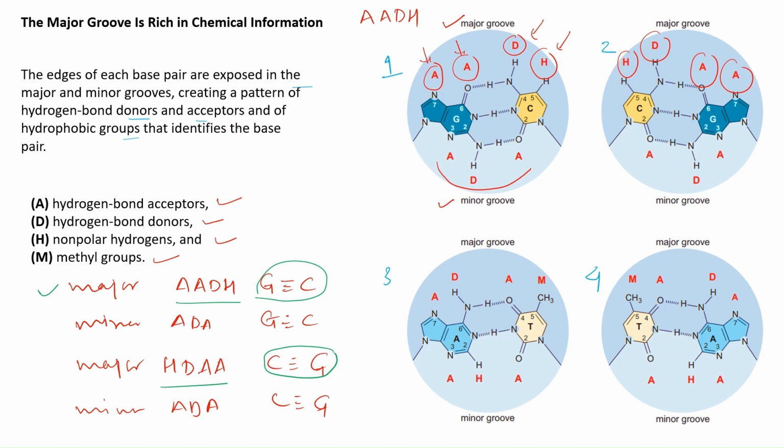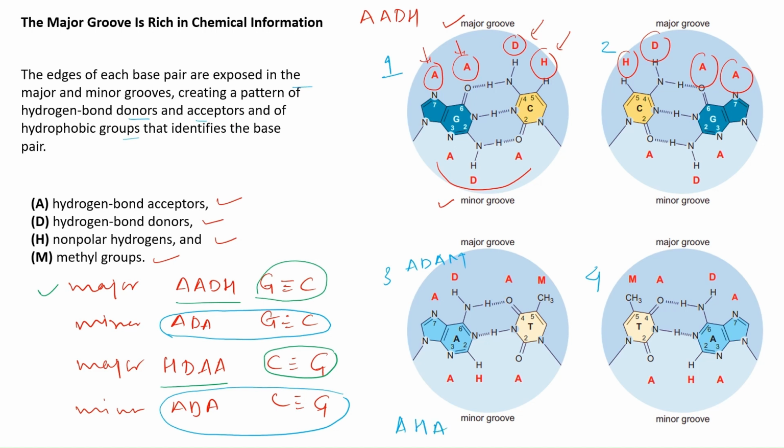But in the minor groove, in both cases, whether G pairs with C or C pairs with G, it is ADA. So in the minor groove, it is very difficult to differentiate the pairs. Similarly, for A and T also, in the major groove, in this third figure you can see, it forms ADAM, whereas in the minor groove it is AHA.